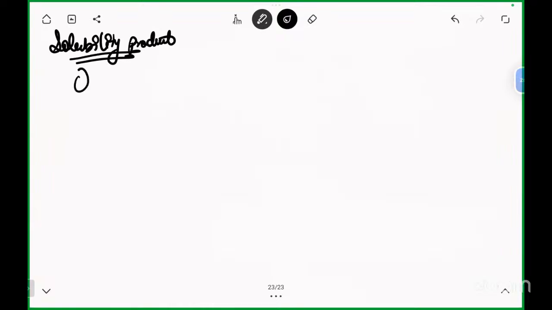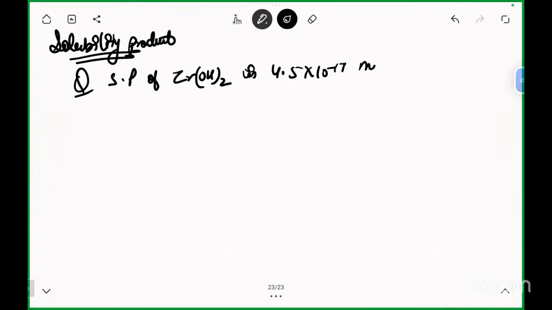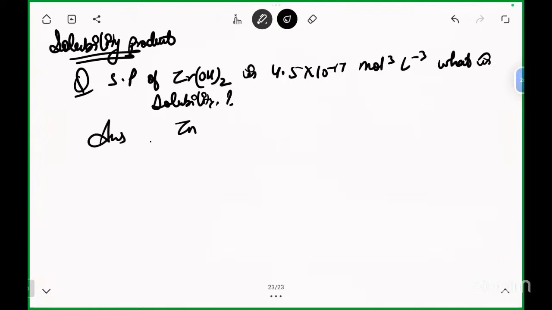For example, a question I'm giving: the solubility product of Zn(OH)2 is 4.5 into 10 to the power minus 17 mol cube per liter cube. What is the solubility? So the reaction will be Zn(OH)2 dissociates into Zn2 positive plus 2OH negative.